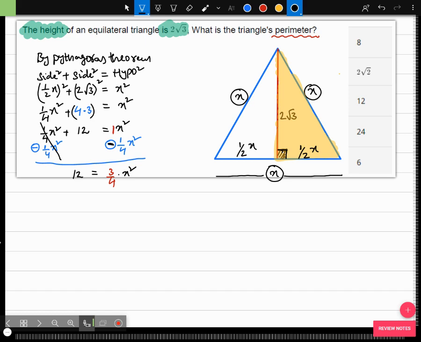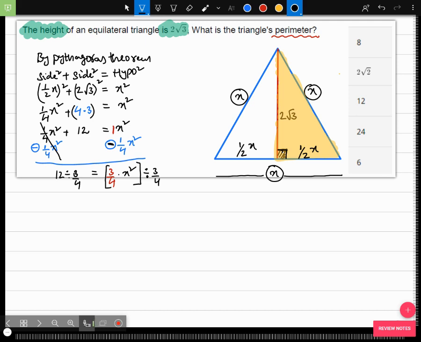Then what is the inverse operation? We go for division. So division of 3 over 4 on both sides. My bad, here not enough space. So 12 divided by, let me erase this part, 3 over 4.